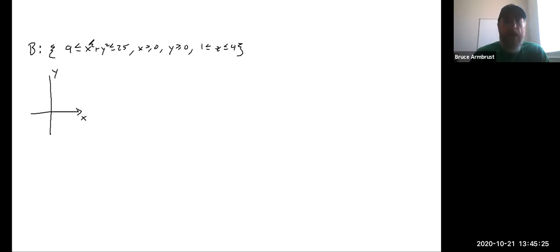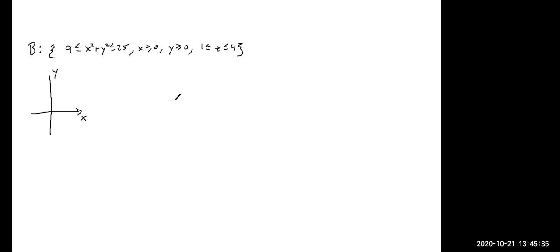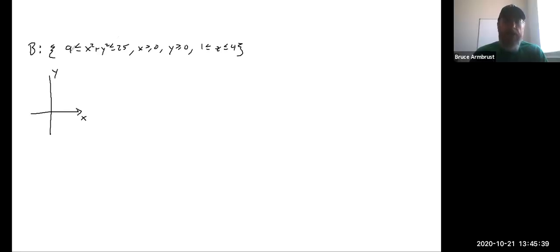Then I've got x squared plus y squared bigger than or equal to 9 and less than or equal to 25. What kind of shape is that going to give me? A ring. Yeah, it's a ring. It's going to be the area between a circle of radius 3 and radius 5.